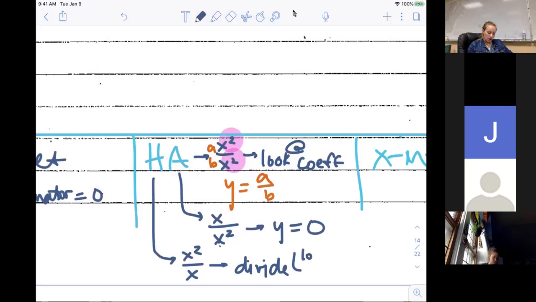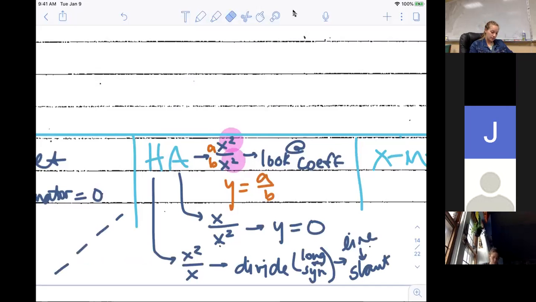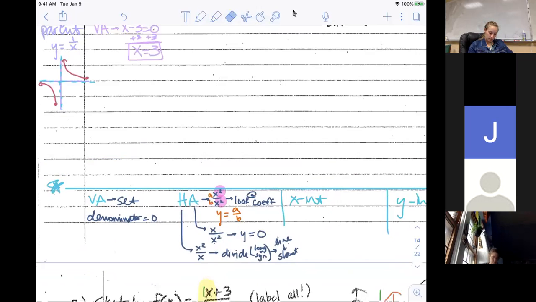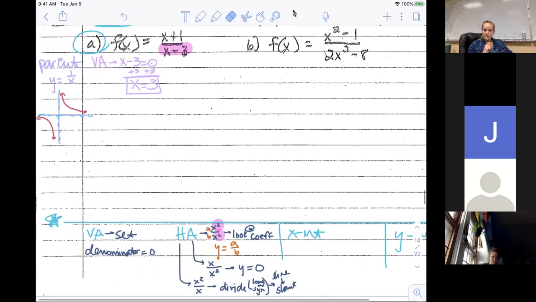You can either do long or synthetic division, it doesn't matter. You're going to get an equation of a line or a parabola maybe. A lot of times we get lines and it's a slant asymptote. So instead of just being a horizontal line, it's slanted, it looks more like this. We will not get to those today, but we will get to those tomorrow. Any questions on the horizontal asymptotes?